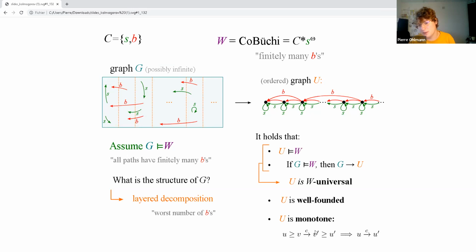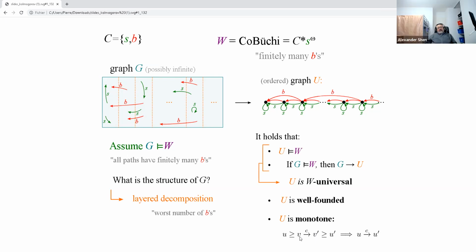If I fix V prime and I fix C, then the set of predecessors is upward closed. So I have an upward closed set of ordinals, so it has a minimum. So what you're saying with the left part is that for every V prime and C, there's a minimal predecessor.